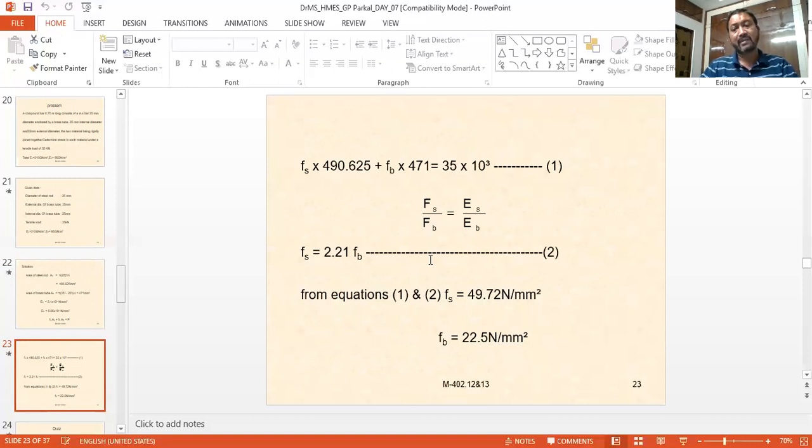By solving the above equations, we arrive at the values Fs equal to 49.72 newtons per square millimeter, and Fb equal to 22.5 newtons per square millimeter. So the stress in steel is 49 and the stress in brass is 22 newtons per square millimeter.